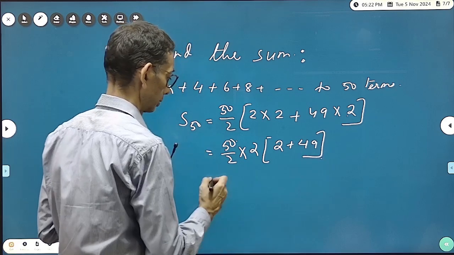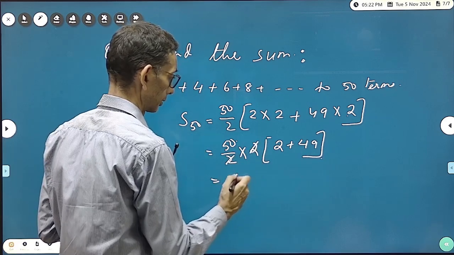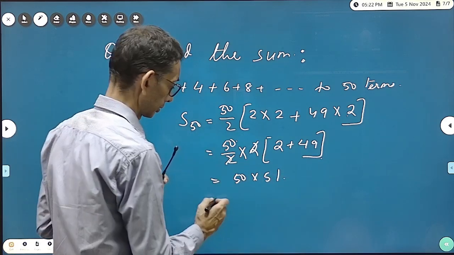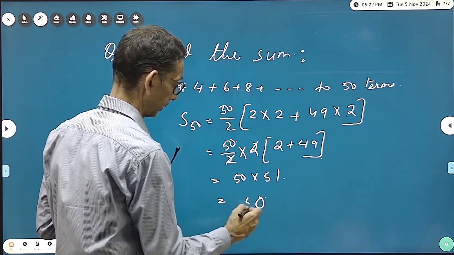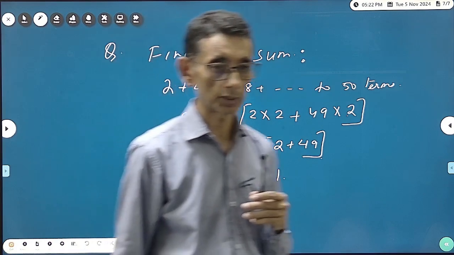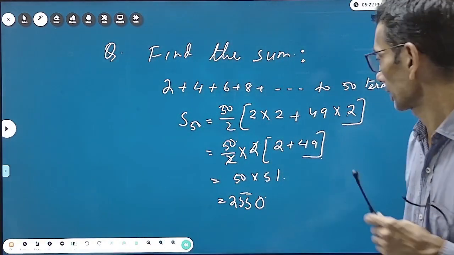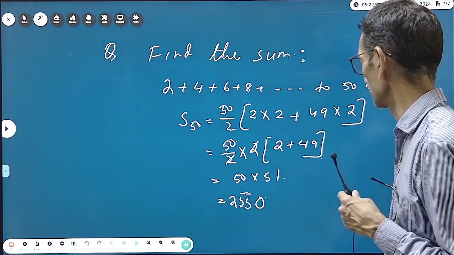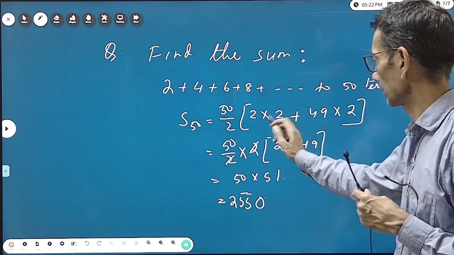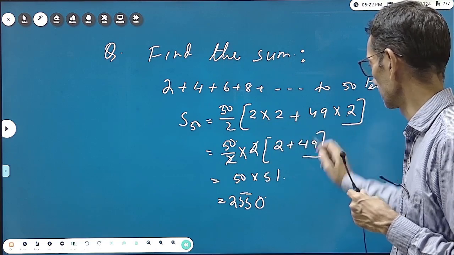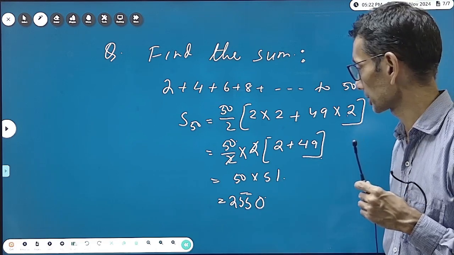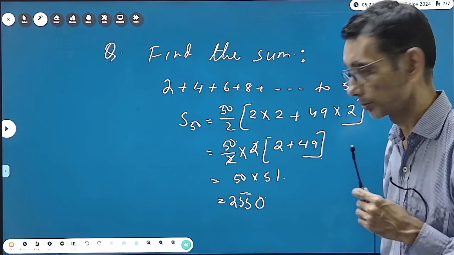The 2 cancels, 50 into 51 gives 2550. Whatever multiplication you do is up to you. You can divide 50 by 2 to get 25, or multiply 2 into 49. The moment you take common, the calculation becomes easier. Is it done?